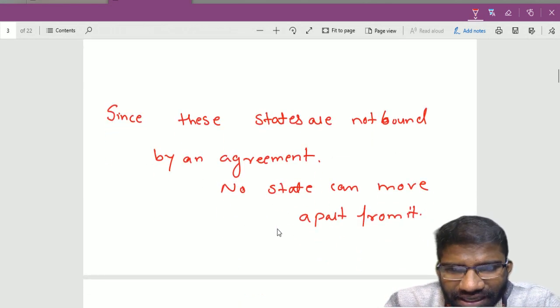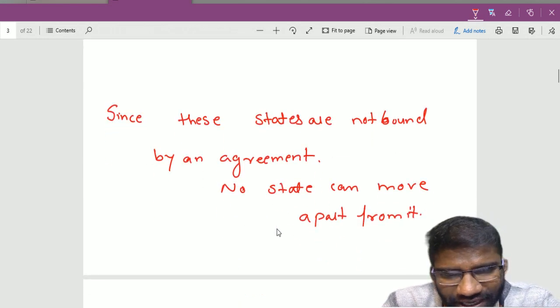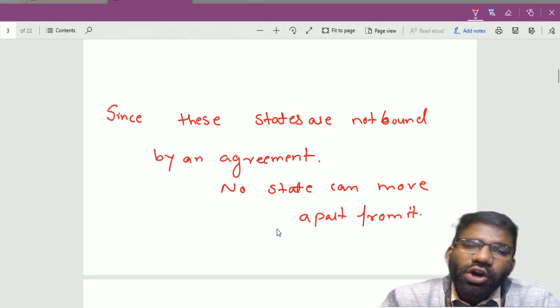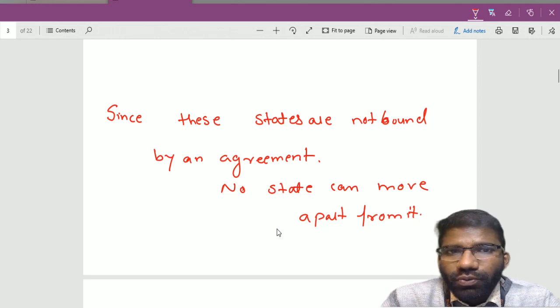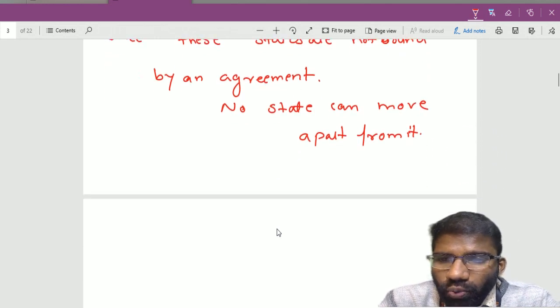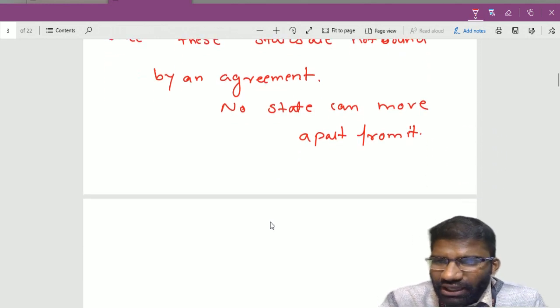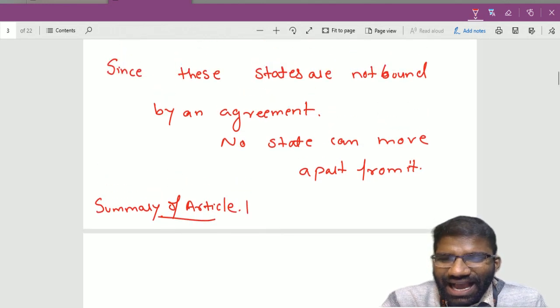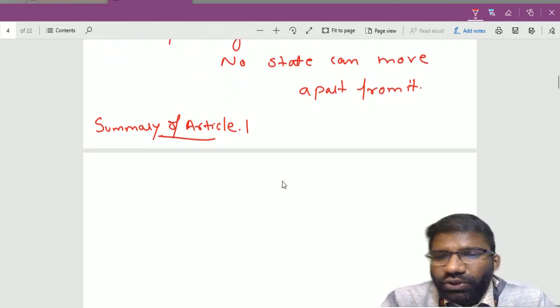Since it is not bound by an agreement, no state has the right to move apart from it. So, the summary of Article 1 is, India is an indestructible union.